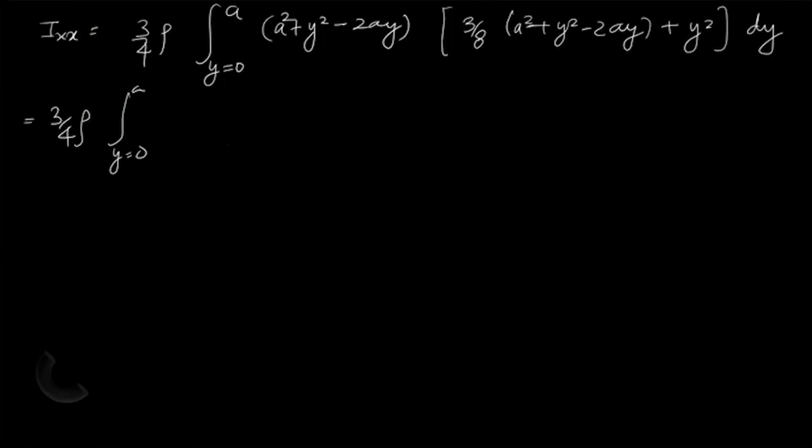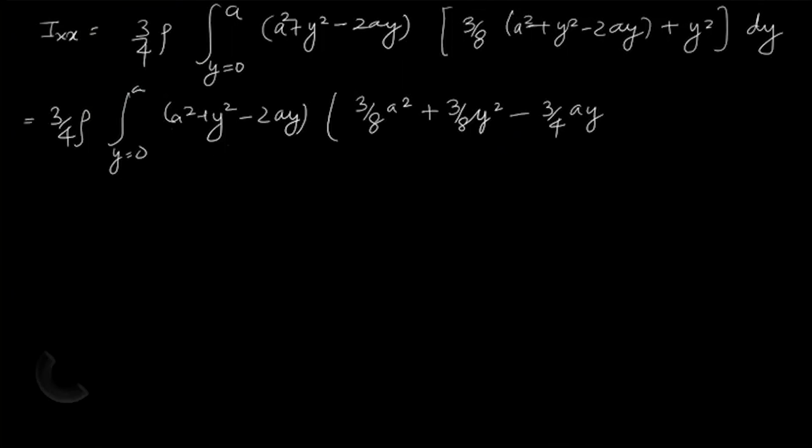So now let's solve this second bracket, writing first a square plus y square minus 2ay, and then 3 over 8 a square plus 3 over 8 y square minus 3 over 4 ay plus y square, dy. So we can add this 3 by 8 y square plus y square.